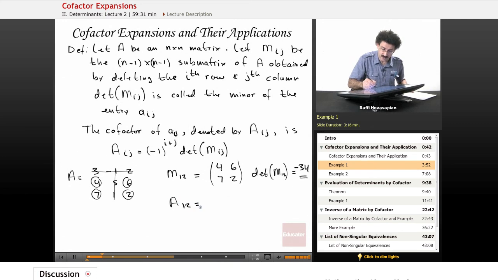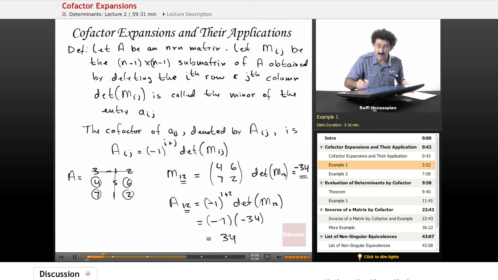The cofactor of 1, 2 is -1 raised to the sum 1 plus 2, times the determinant of M12. Minus 1 to the third power is minus 1, so it's minus 1 times minus 34. So our cofactor is 34.